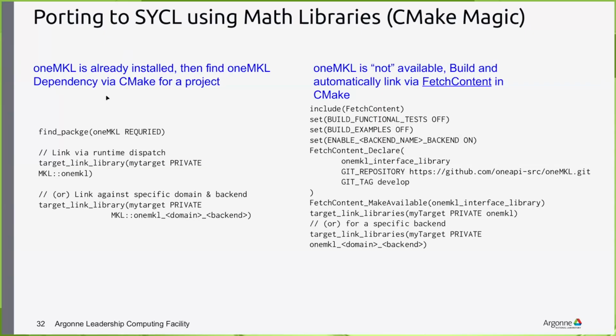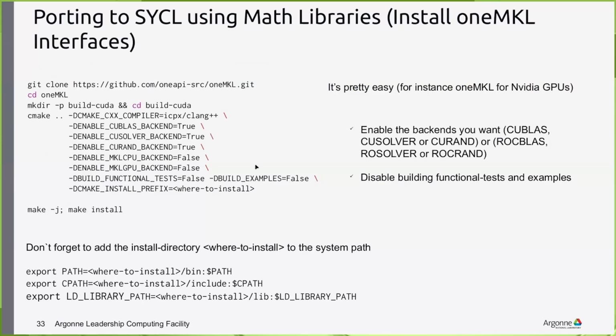How do you use oneMKL in CMake? This is just a quick snapshot. If you already have oneMKL installed, you would use find_package, and link the entire library or a specific domain with the backend name. If you don't have it, you can directly install with FetchContent from GitHub in CMake, clone the library, and link similarly, as I was saying.